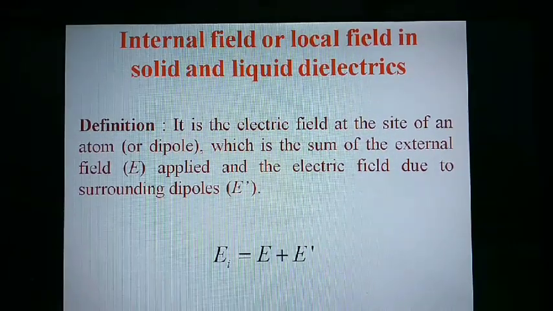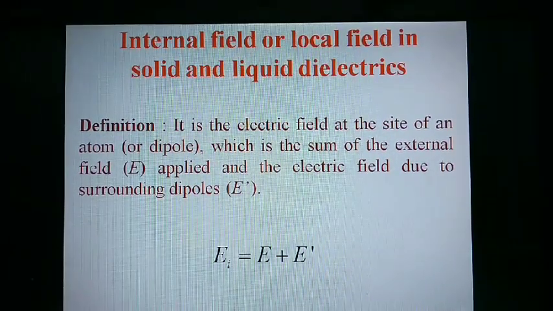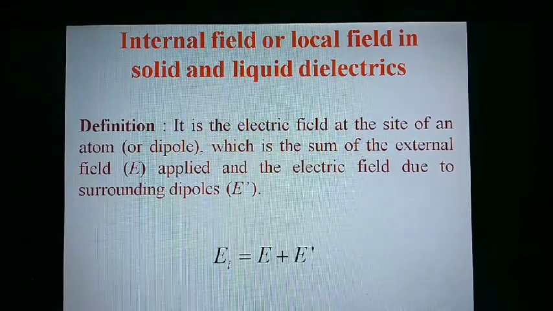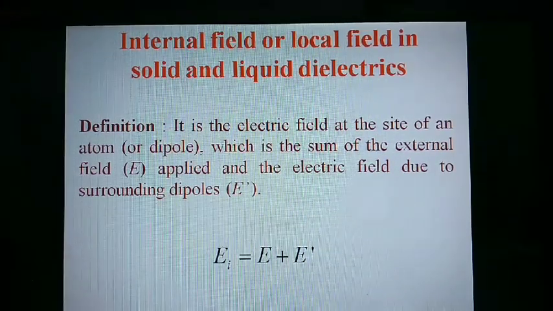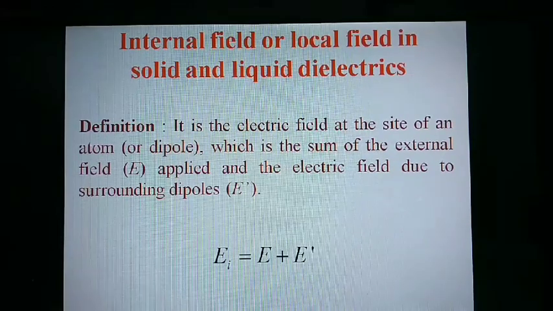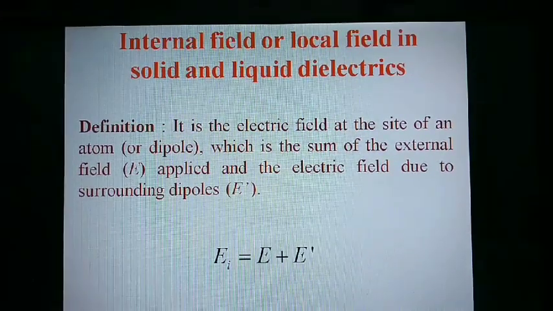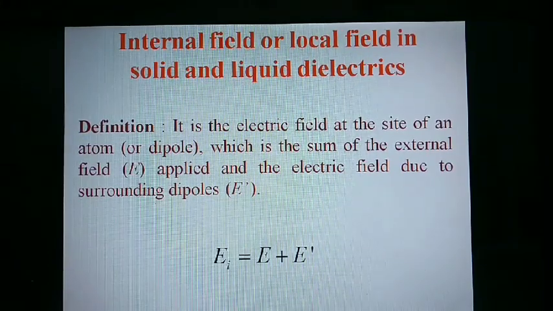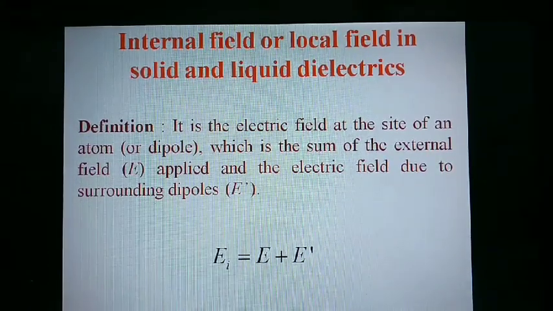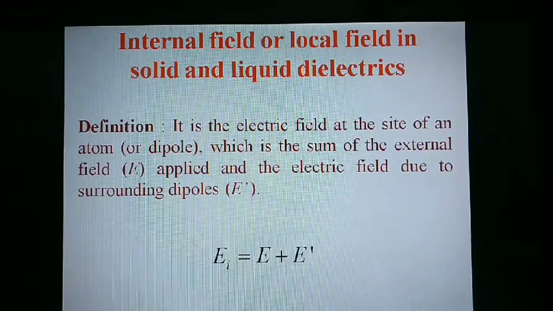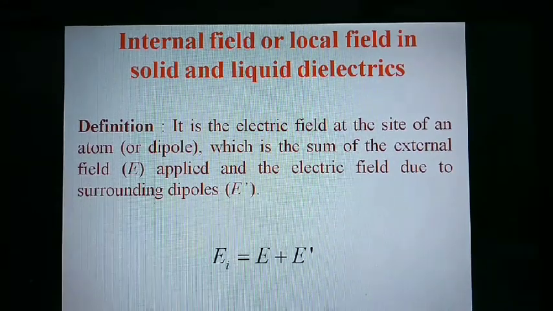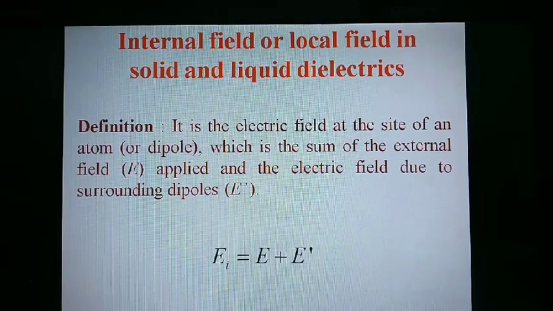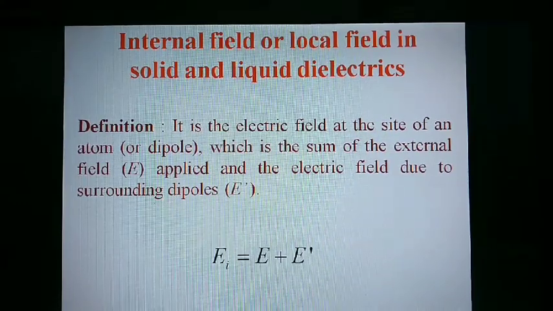When polarization occurs, the dipoles will be formed within the material, and due to the dipole itself an electric field is developed at their site. They are the charged particles. When there is a charge, there will be a field of influence which is known as the electrostatic field around it. So an electric field is developed in the vicinity of a dipole.